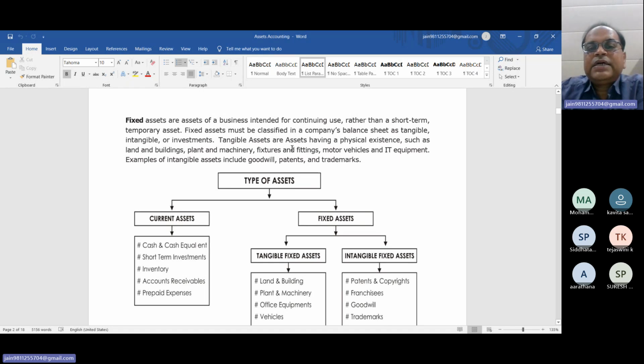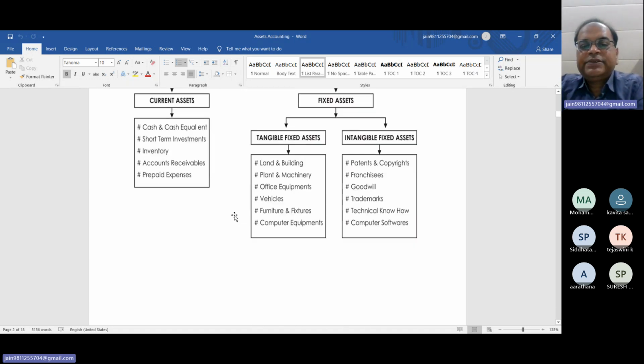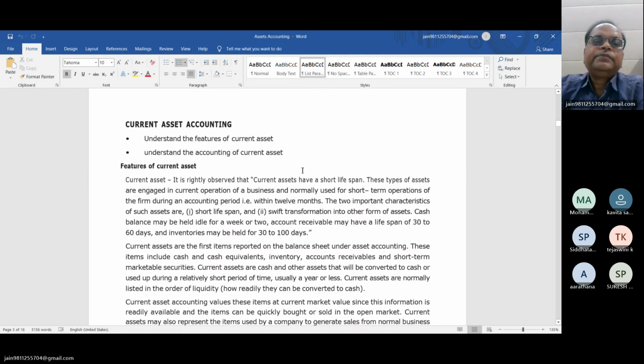Tangible assets are the assets having a physical existence, such as land, building, plant and machinery, fixtures and furniture, motor vehicles, and IT equipment. And examples of intangible assets include goodwill, patent rights, trademarks, know-how, franchise, copyright, all are intangible assets. Okay, beta. So two types of assets.